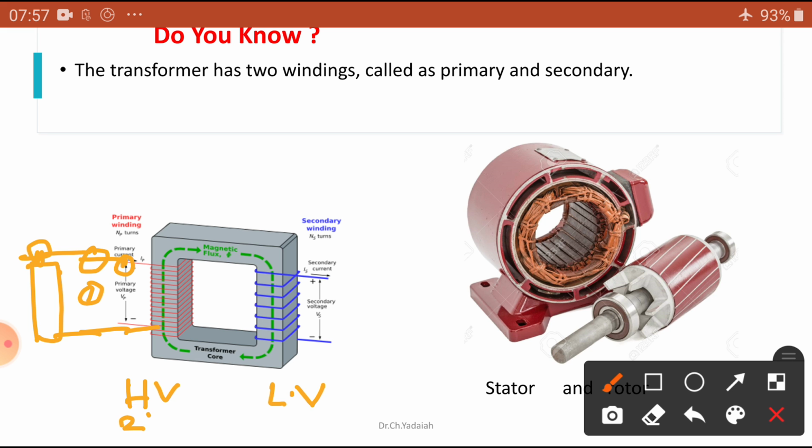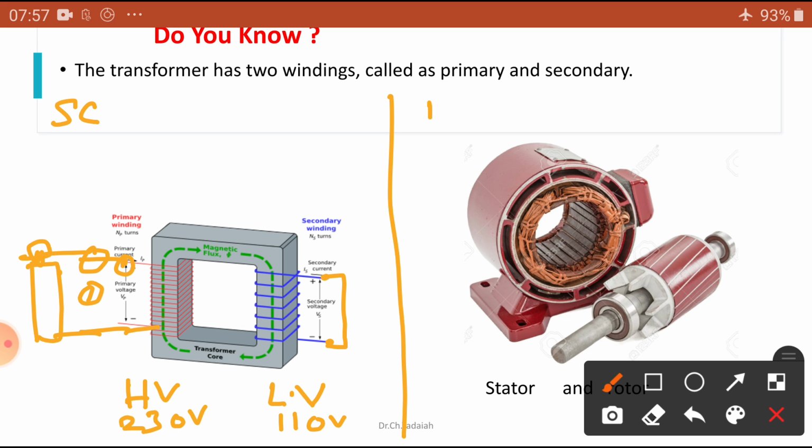This is 230 volts, this is 110 volts. Here you are going to connect one thick wire, short circuited. This is the SC test on a single phase transformer, similar to our blocked rotor test.